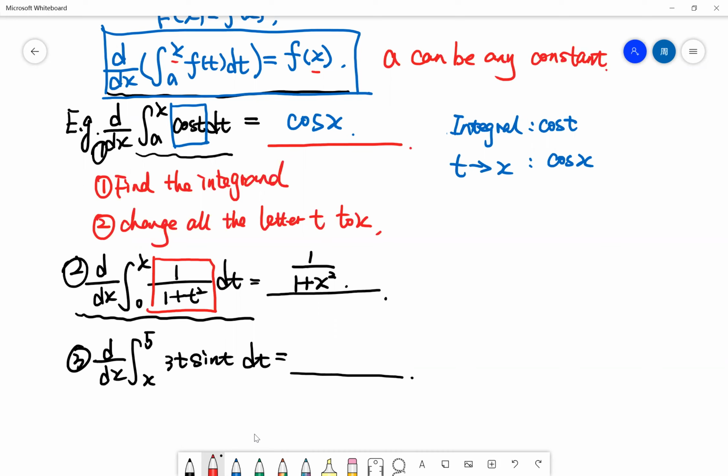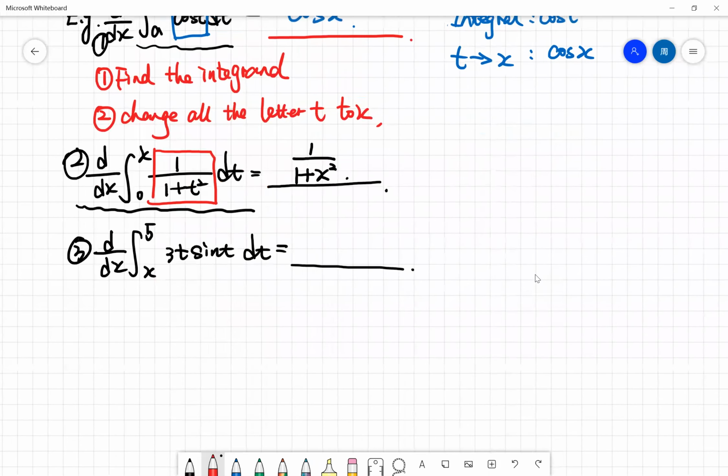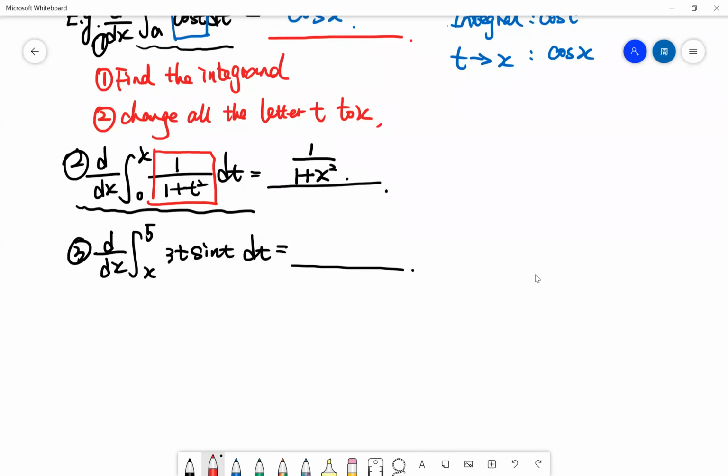If we compare, you will find the lower limit should be a constant and the upper limit should be x. Then we can use the formula directly.